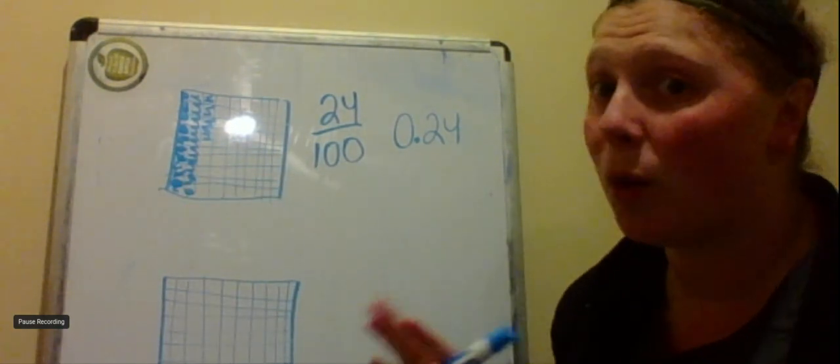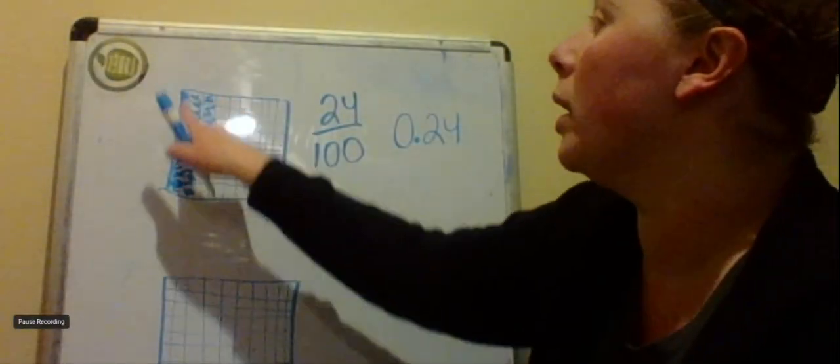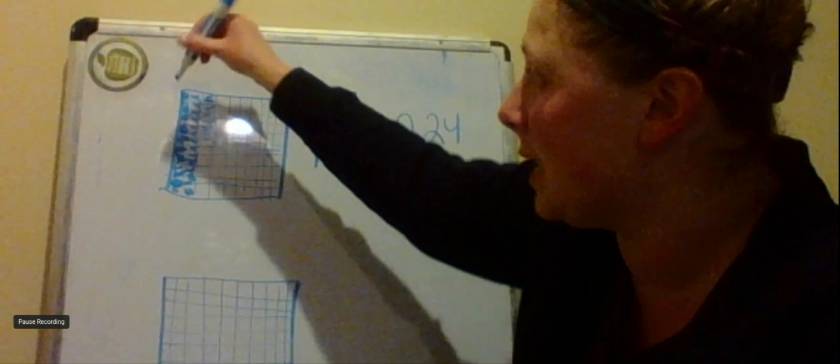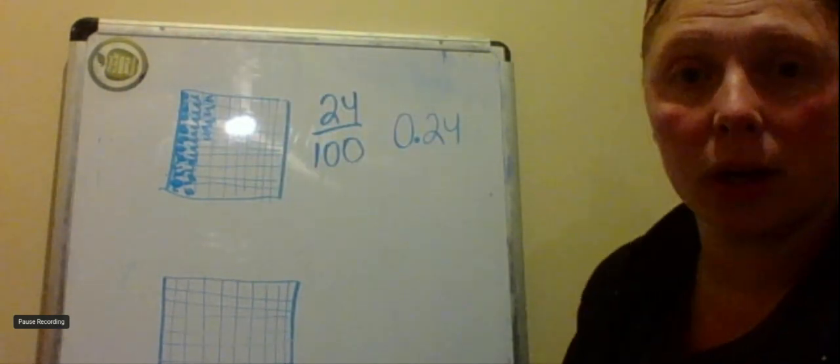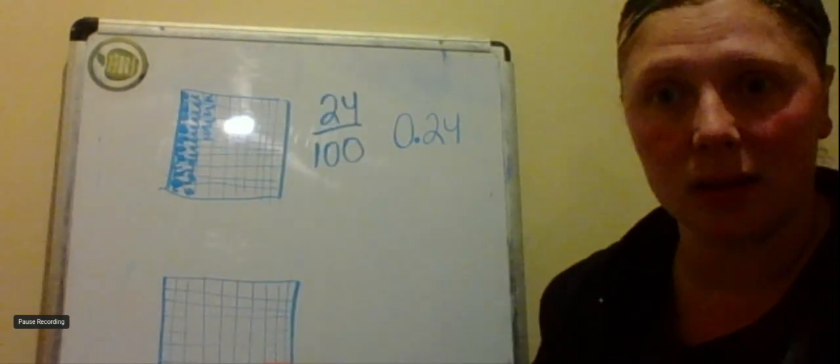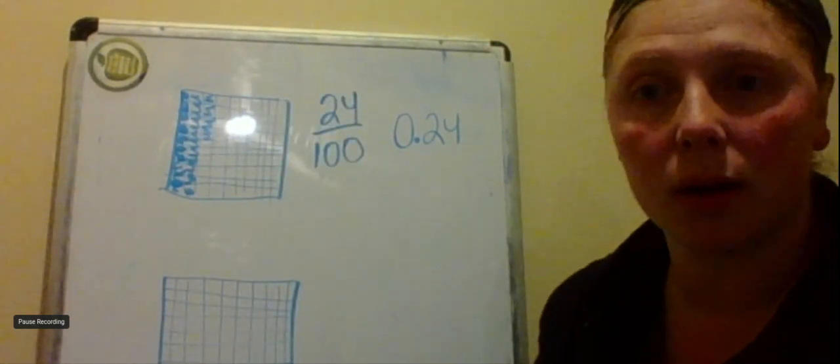So that's kind of why it all works out together. One group of 10, right? Because this whole thing, one row is 10 and another row is 10. That's what I was saying, like 10, 20, right? And then 4 more. So 2 tens, if I cut this into tenths instead, and then 4 more pieces. So 24 hundredths, okay? Let's try one more.